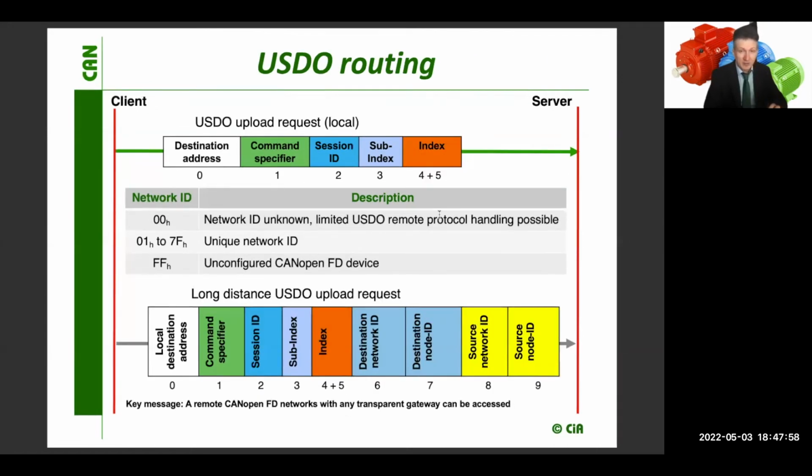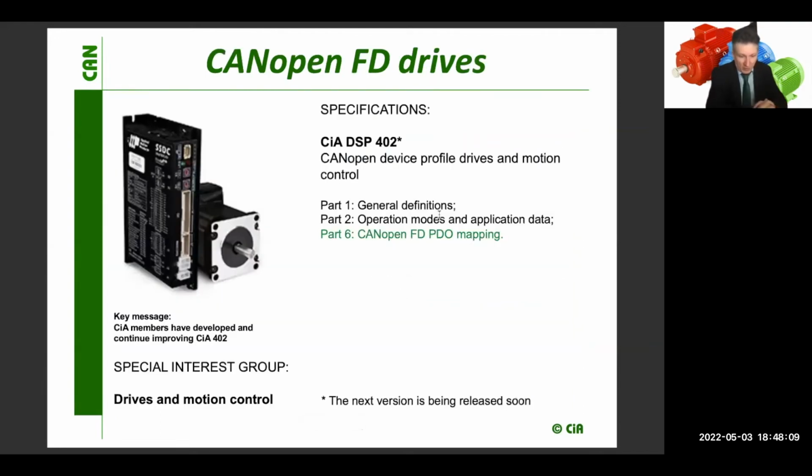There is also an opportunity using so-called routing, creating virtual networks within one physical network. So this USDO is used, as SDO in a matter of speaking, for accessing the object dictionary of the device and also accessing the process data.